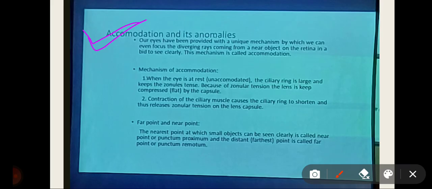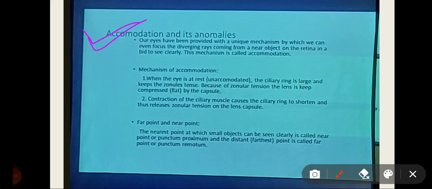Contraction of the ciliary muscle is the second mechanism of accommodation. It causes the ciliary ring to shorten and thus releases zonular tension on the lens capsule. This allows the elastic capsule to act unstrained to deform the lens substance. The lens then alters its shape to become more convex and conoidal. The lens assumes a conoidal shape due to the configuration of the anterior lens capsule, which is thinner at the center and thicker at the periphery.